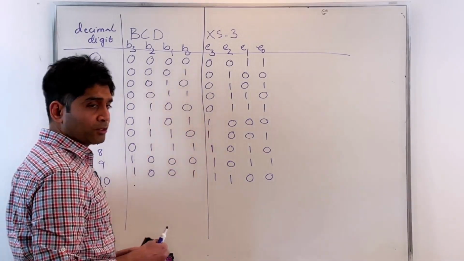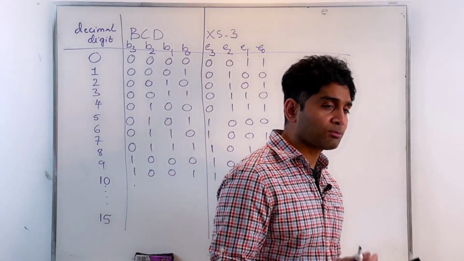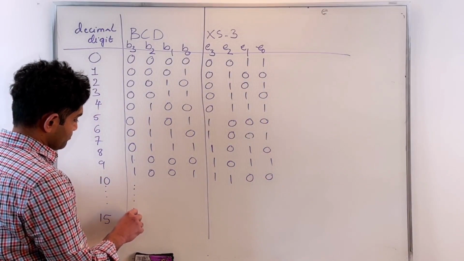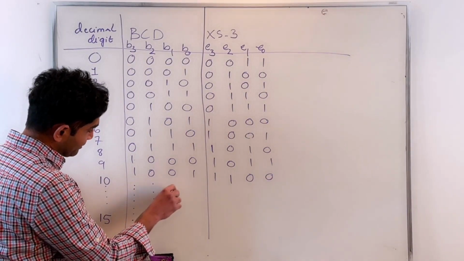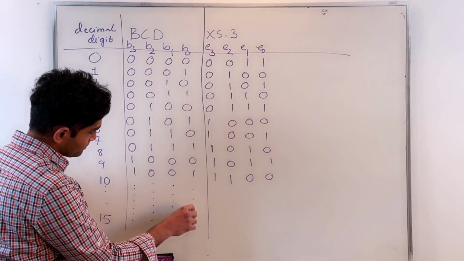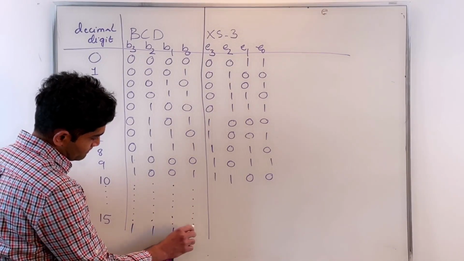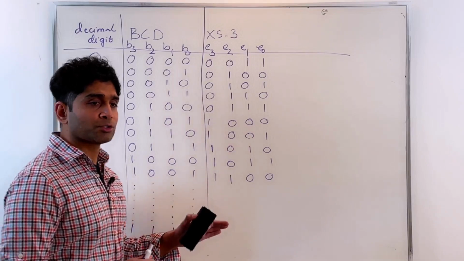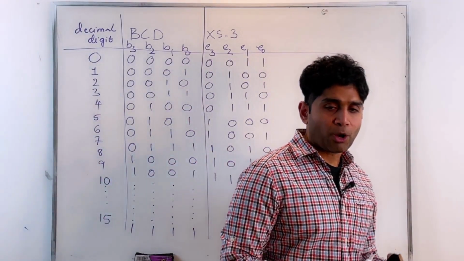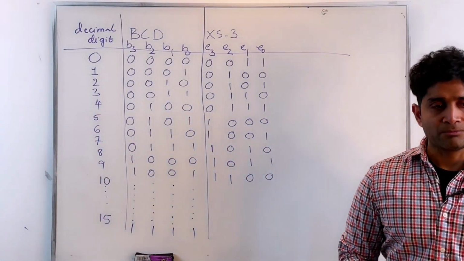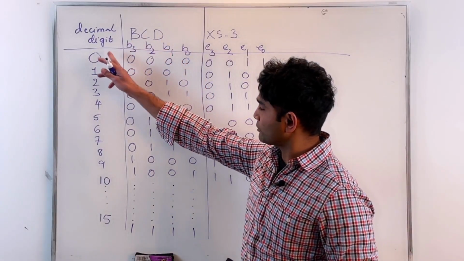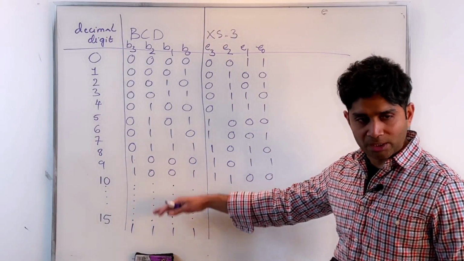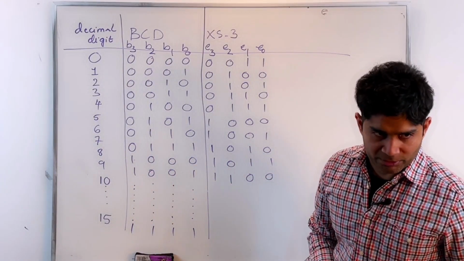because when I'm trying to draw the truth table, I need to list all possible combinations of my inputs, but my system itself is not going to take those inputs. Because my decimal digits are constrained to lie between 0 and 9, these input combinations are never going to occur during operation, so I don't care about the outputs.